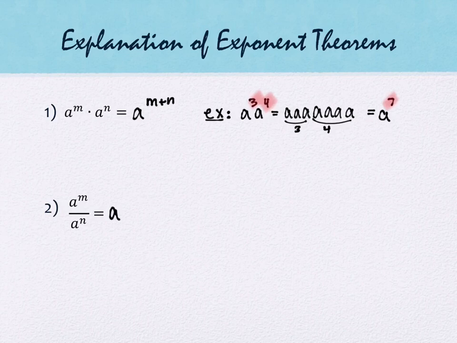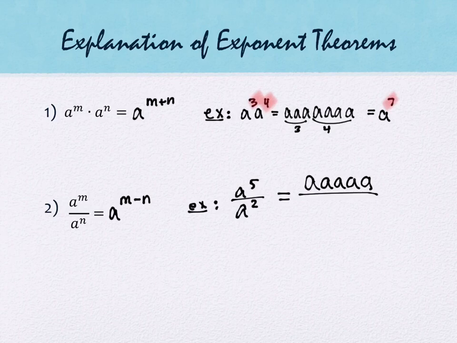This next one's supposed to be division turning into subtraction. So let's say that we had a to the 5th over a squared. So a to the 5th means 5 a's. A squared means 2 a's.